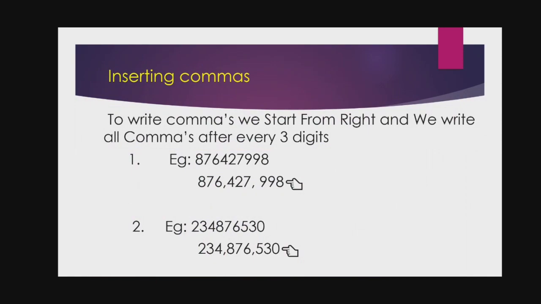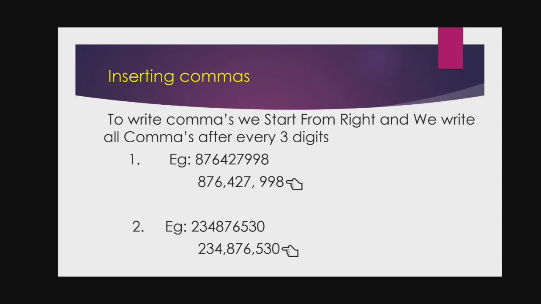How to insert commas in the International System of Numeration. For example, I have written a number, 876427998. When you are inserting commas, you have to start from the right side of the number.